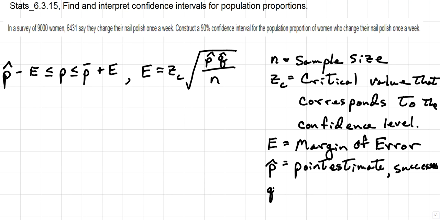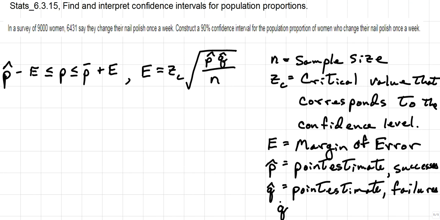And then we'll have Q hat, which is also going to be a point estimate, but it's going to be the proportion of failures. And you'll obtain Q hat by subtracting P hat from 1. Notice though that we need to make sure that our P hat and our Q hat are in decimal format.